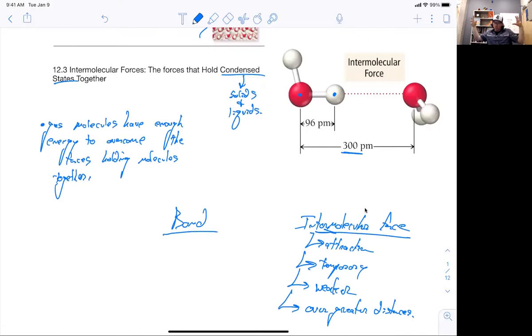And the distance will become bigger. And so the bond is exactly opposite of that. It's permanent, holding together, a permanent stability. It's much stronger. We're going to see that at the end of this. And then it's over much shorter distances.